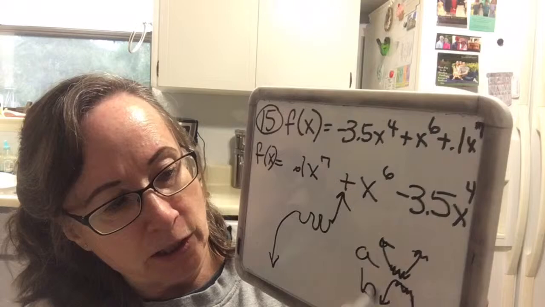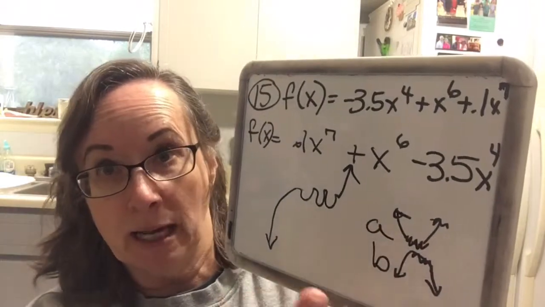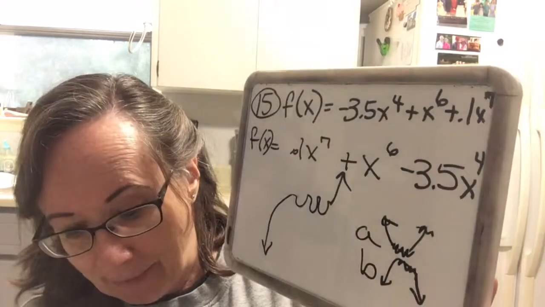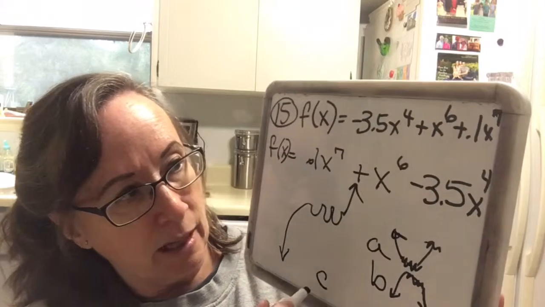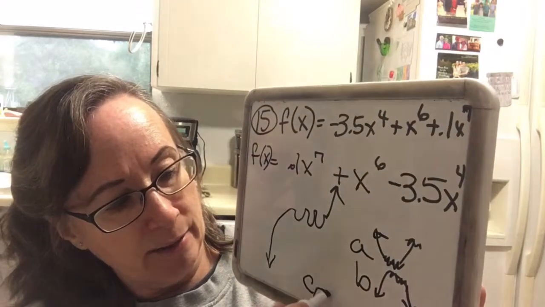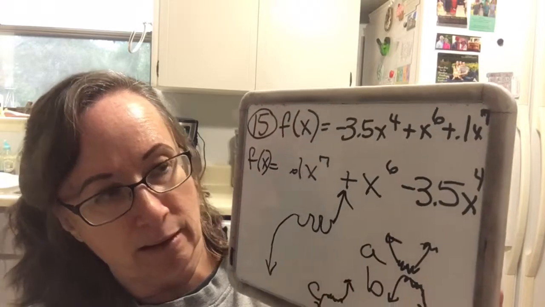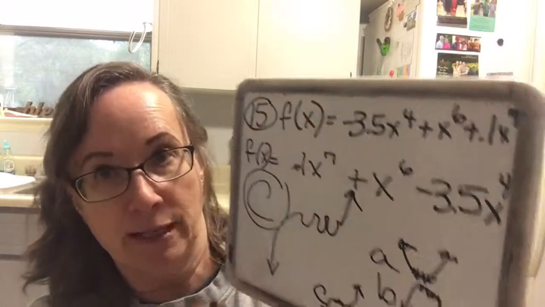Because even functions with the even exponent are going to either both come in up and up or down and down if it's got a negative on the front. And then C was going to go down and up with a bunch of squiggles in the middle here. And this is the one that looks like what we have. And so C will be the answer for this one.